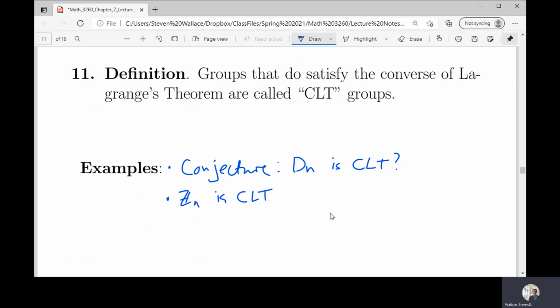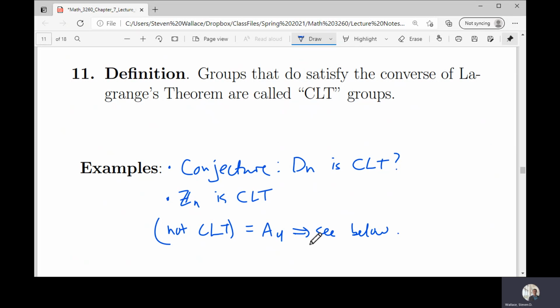Let's see, things that aren't. For example, A4 is not.